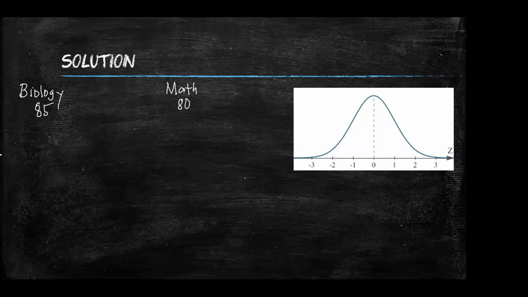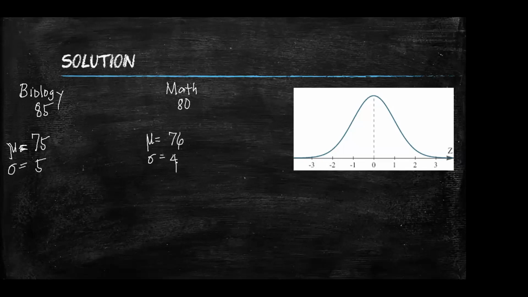the mean of the scores in biology is 75. So this is our mean. It was not stated whether population or sample, so our mu, or mean, is 75, and the standard deviation is 5. For math, the mean score is 76 and the standard deviation is 4.